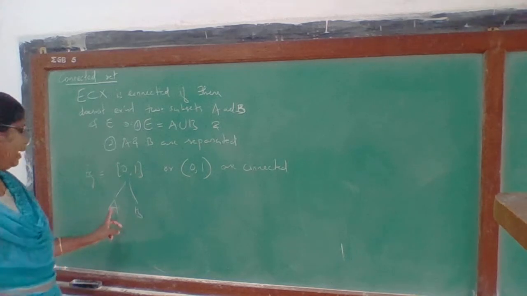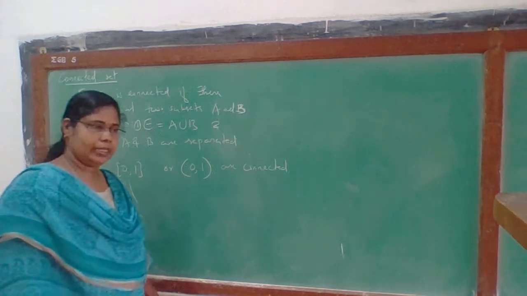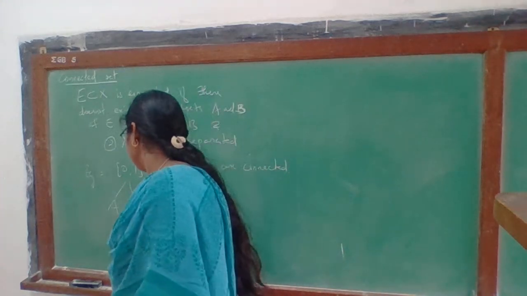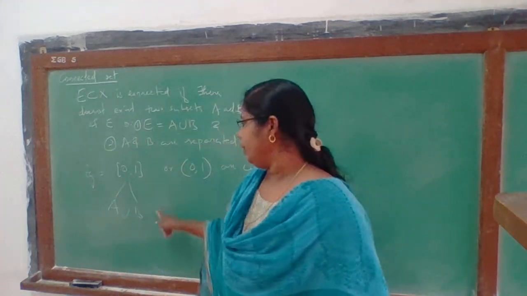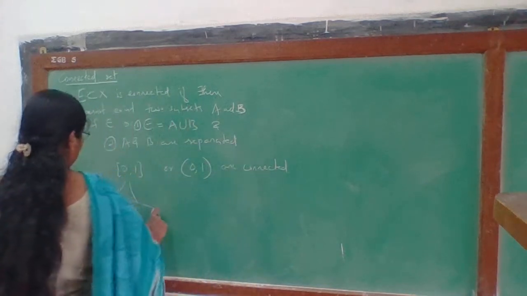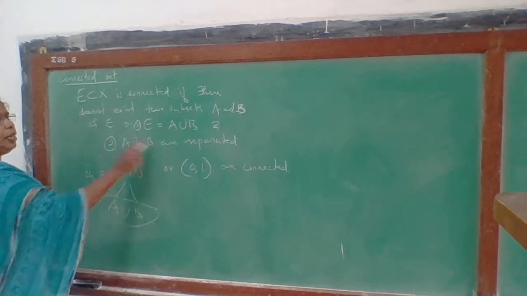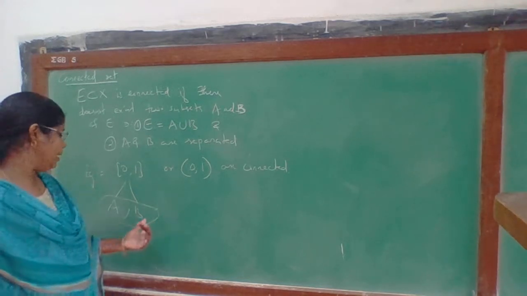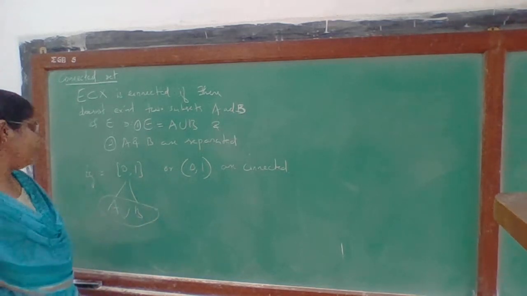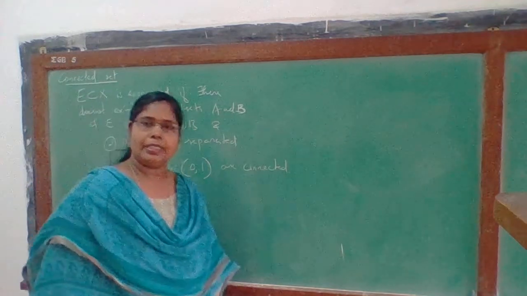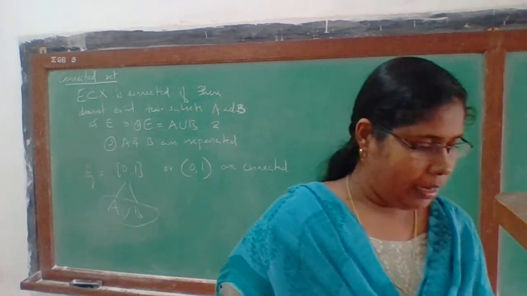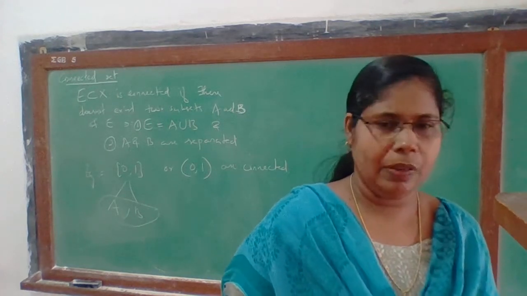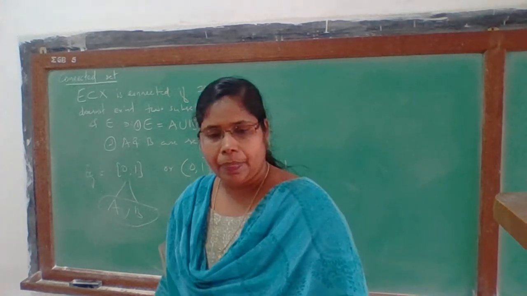It cannot satisfy A closure intersection B is empty and B closure intersection A is empty. You cannot write it as a union of two sets A union B satisfying the property that A closure intersection B is empty and A intersection B closure is empty. Similarly for [0, 1], this is not possible. So they are connected sets.